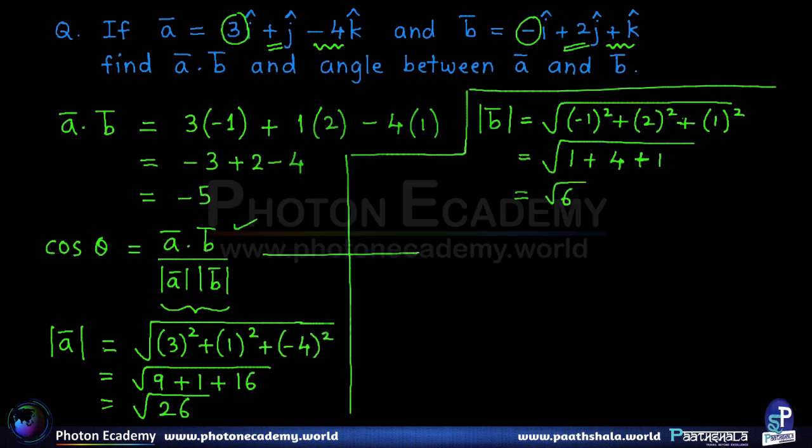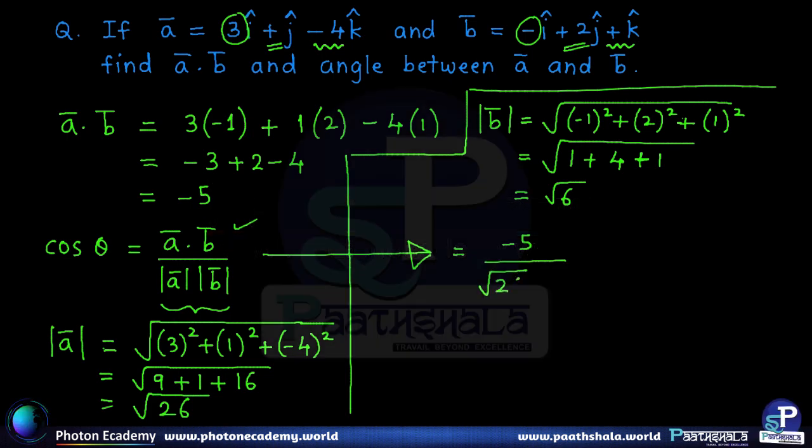So therefore cos theta is equal to a bar dot b bar, which is -5, divided by root of 26 into root 6. So that is equal to minus 5 divided by root of 156.